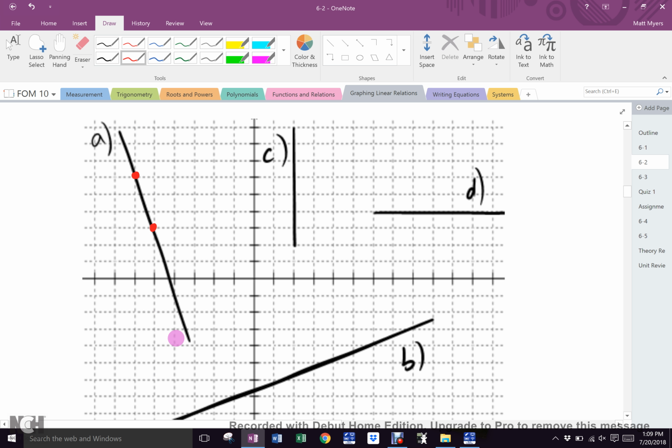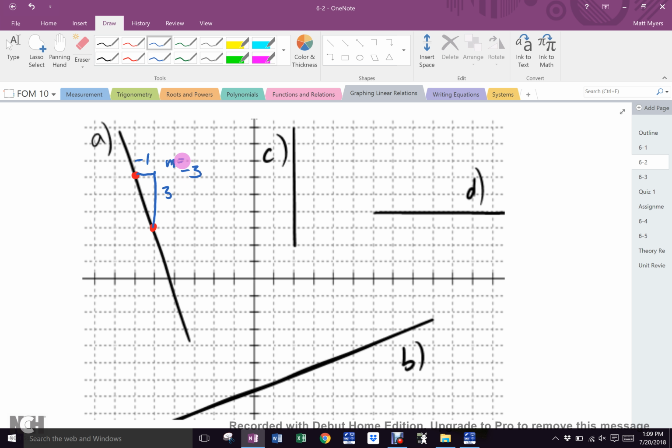So can I count? Does it matter which point I start from? If I start from the bottom point, what's the slope? What's my rise? 3. What's my run? No. Negative 1. So my slope is negative 3. M equals negative 3. Right?